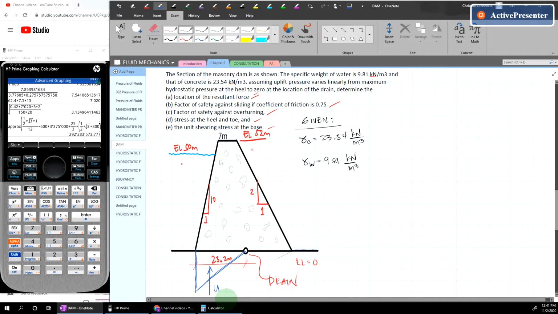Okay? So, first is the location of the resultant force. Para makuha natin yon, we need to determine yung weight ng ating dam. So, we will divide this area into several components, hatiin natin to.